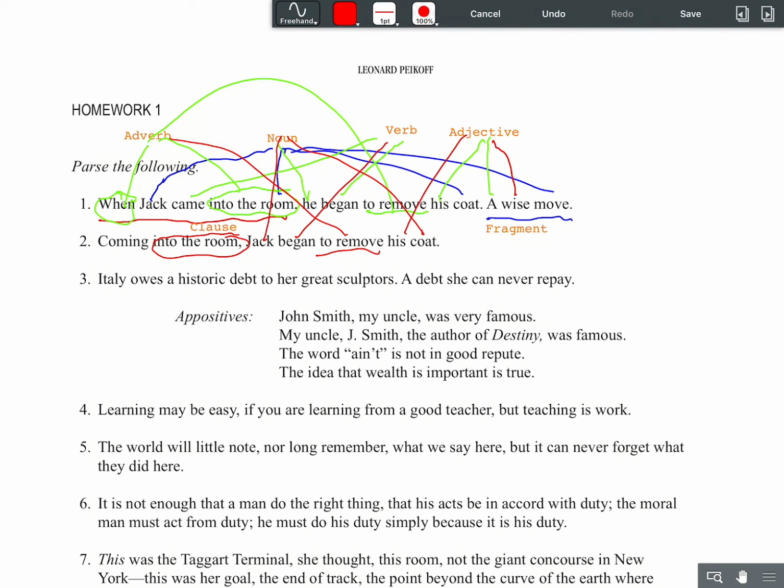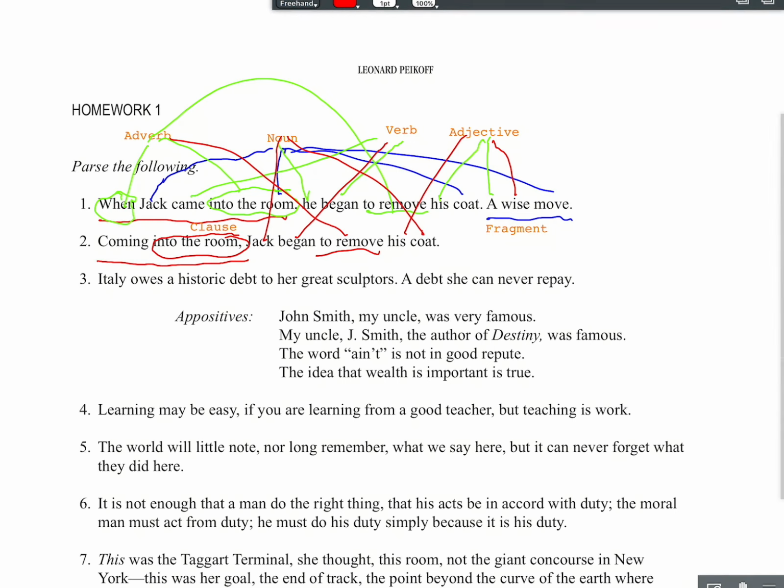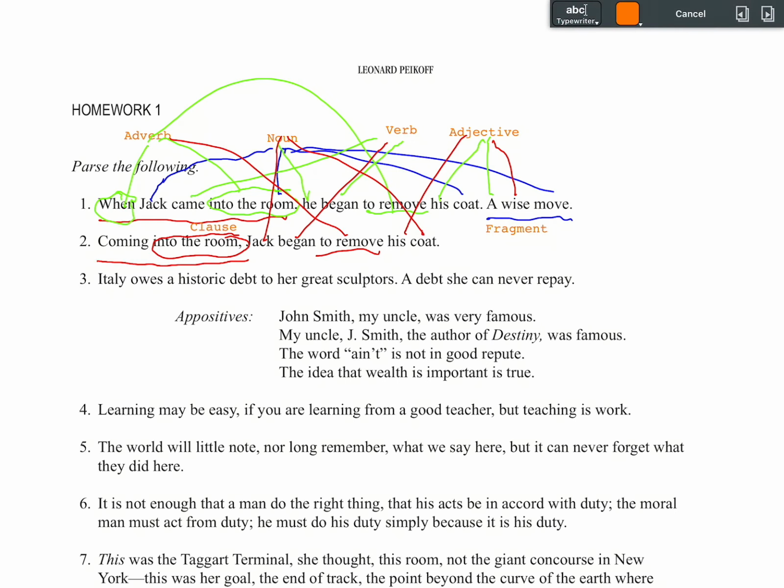But then I gotta figure out this beginning part. So the whole thing, "coming into the room," is not a sentence. So it's either a clause or a phrase. It doesn't have a subject, therefore it is a phrase. So I'm going to save, and then I'm going to make a little thing.